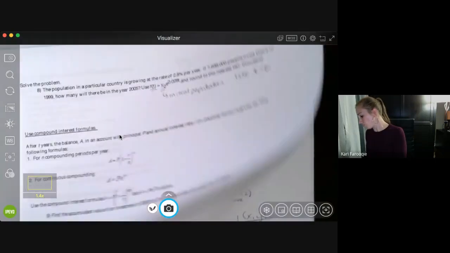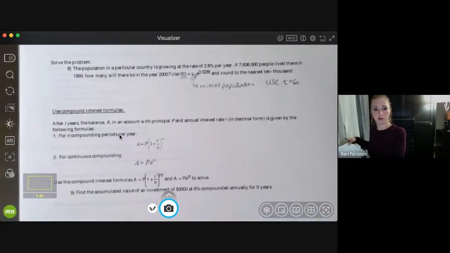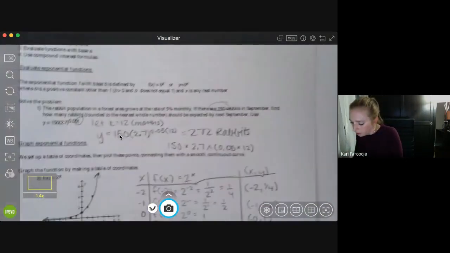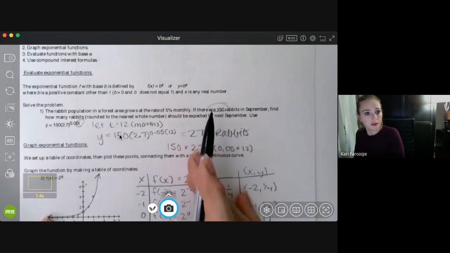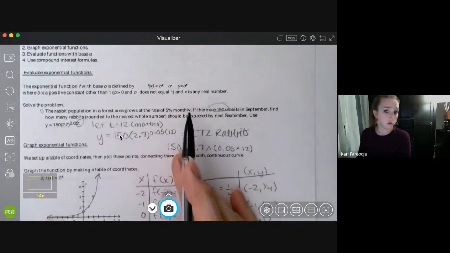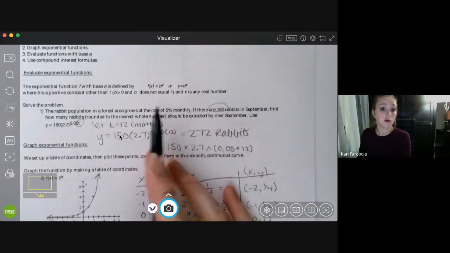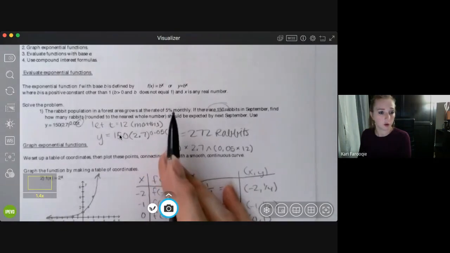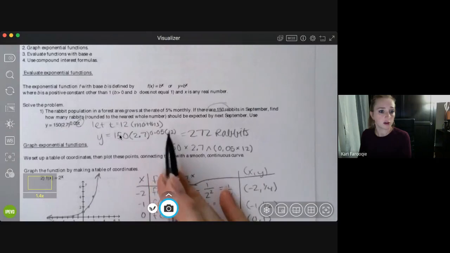Let me go back to this first problem to remind you of what I'm talking about. Notice here that you were given the growth rate of 5% monthly. Normally, we don't do this in months. Normally, it's years, but you were given that in this problem, so that's what you go with. The 5% is right here in its decimal form, and you multiplied the monthly rate by the number of months.